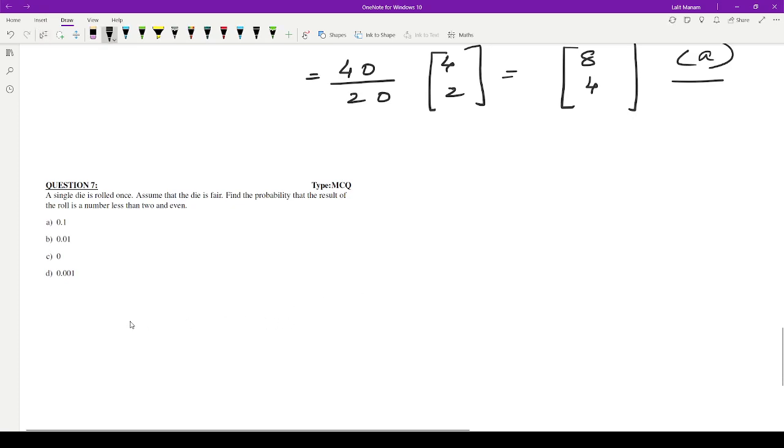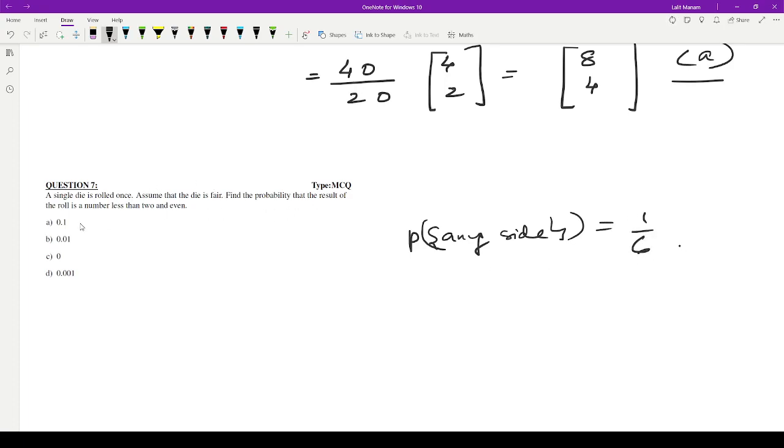So a single die is rolled once. Assume that the die is fair. That means for all 6 sides of the die, we have the same probability, which is 1 by 6. That means the probability of any side is 1 by 6.